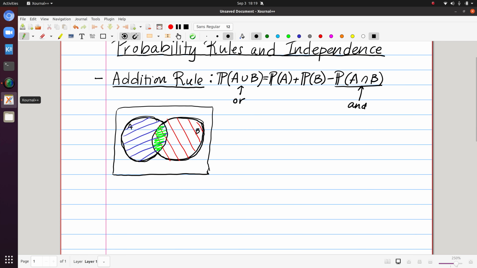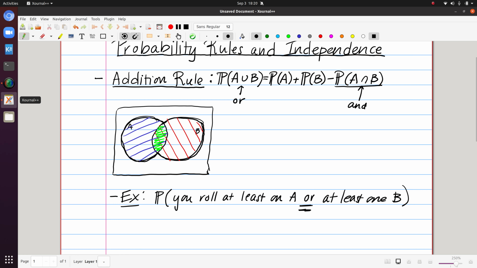So thinking back to the example that we ended with before, where we had the four-sided die labeled A, B, C, and D, and we were rolling that twice. One of the questions we looked at was finding the probability that you roll at least one A or at least one B. So here's or.